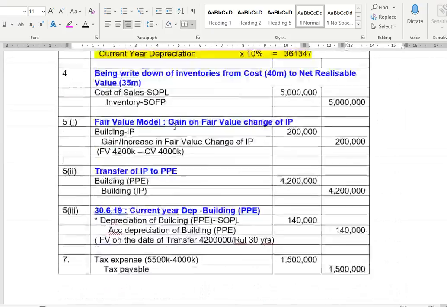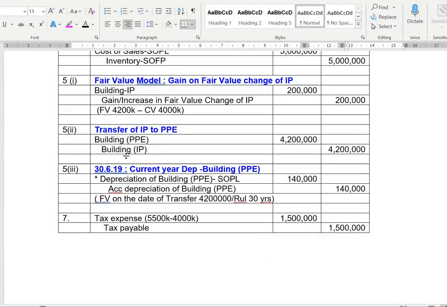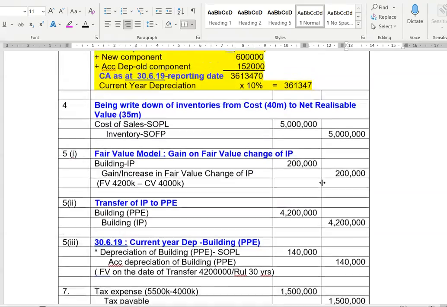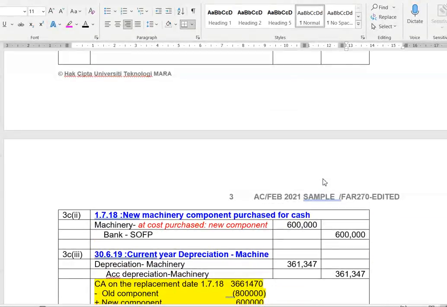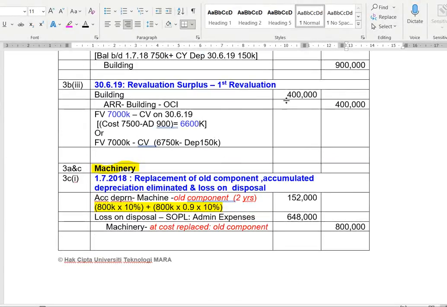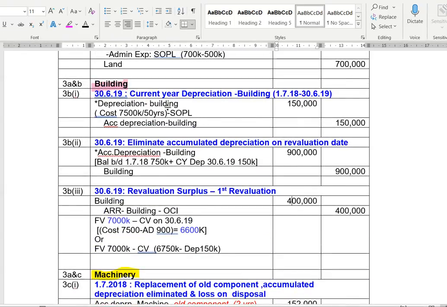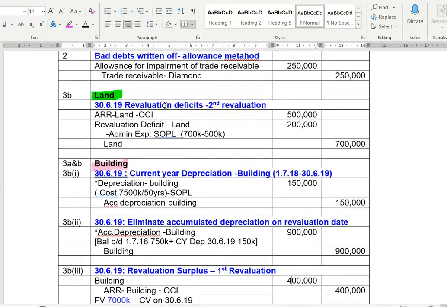That 400,000 is the revaluation surplus of the building, which is the building here, this one, the first revaluation. Remember, the revaluation surplus that you have earlier for your land has already been reduced by 500,000.